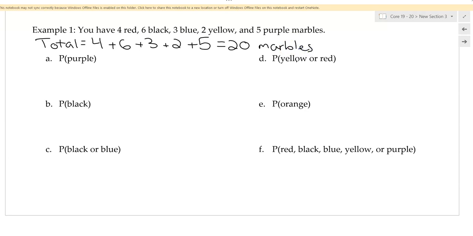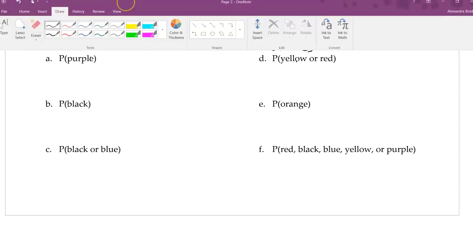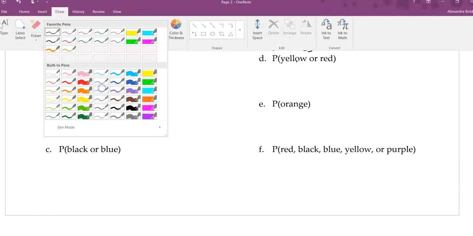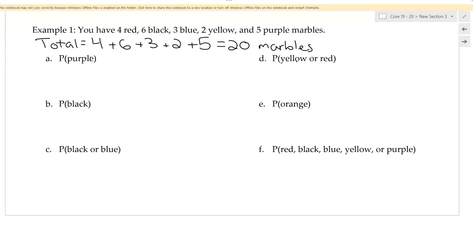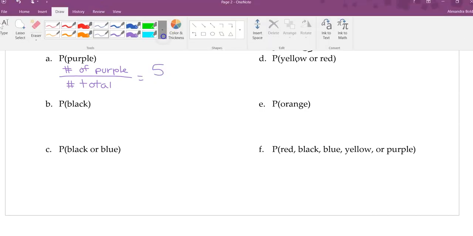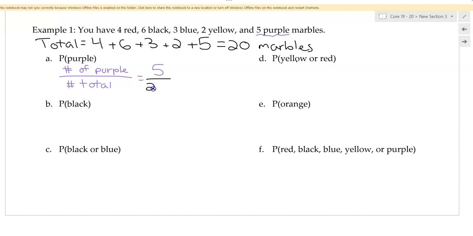So if I'm looking for the probability of purple, it is going to be the number of purple over the number total. Well, we have 5 purple over our total is 20.